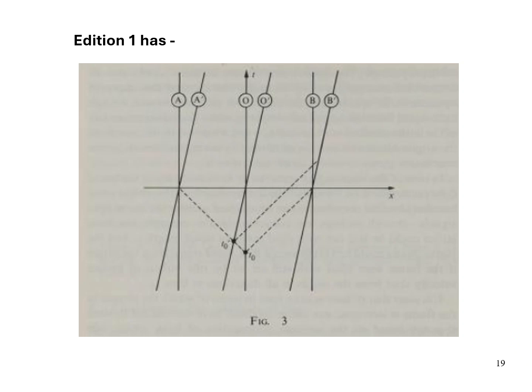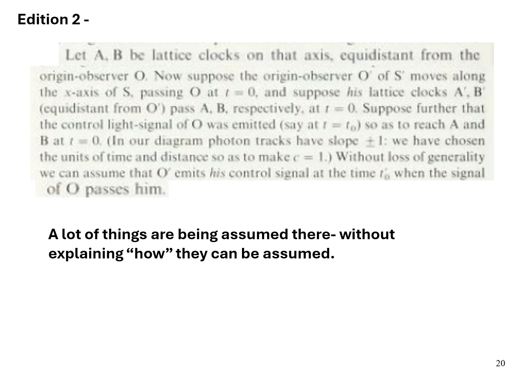Make of it whatever you will. Edition 2 carries on. It says, let A and B be lattice clocks on the axis equidistant from the origin observer O. Now suppose the origin observer O prime of S prime moves along the x-axis of S, passing O at t equals 0, and suppose its lattice clocks A prime B prime equidistant from O prime pass A, B respectively at t equals 0.